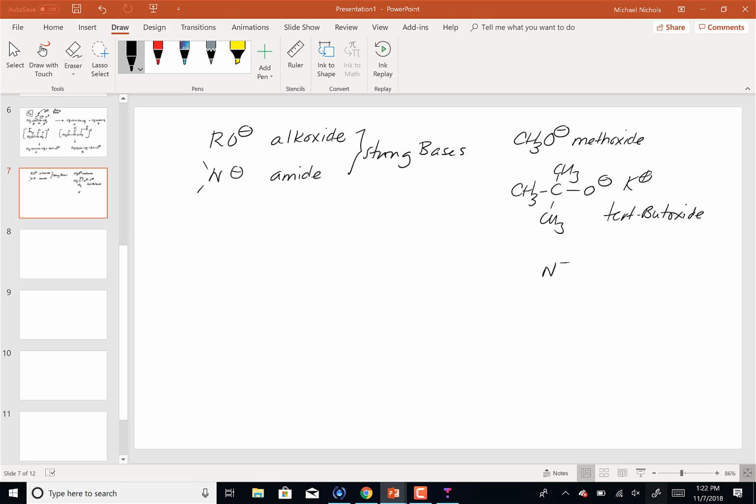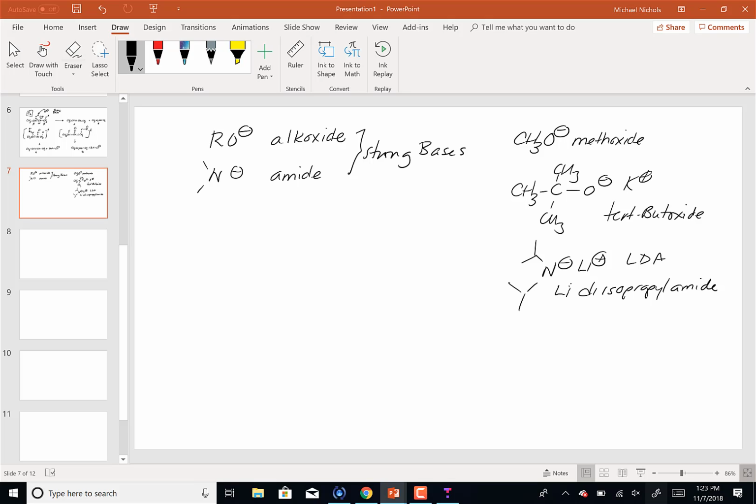There's some other ones that your book may talk about. The sort of modern potassium tertiary butoxide is this nitrogen with two isopropyl groups. This is called LDA because it's lithium, and this is diisopropyl amide. So it's lithium diisopropyl amide.